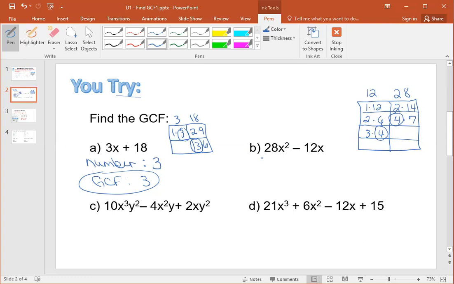Okay, so by number, we've got the 4, and then we have to do by variable. This has x squared, has 2 of them, and this has 1. So the most that I could take evenly would just be an x. So here my GCF is 4x.